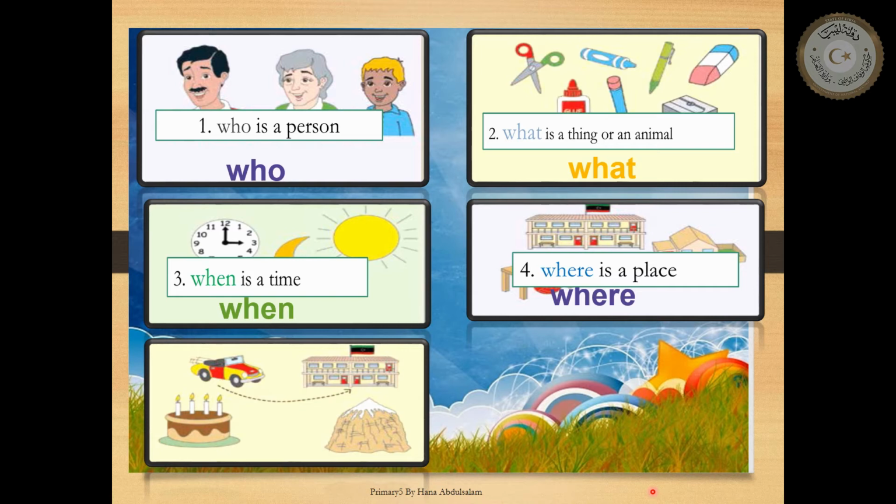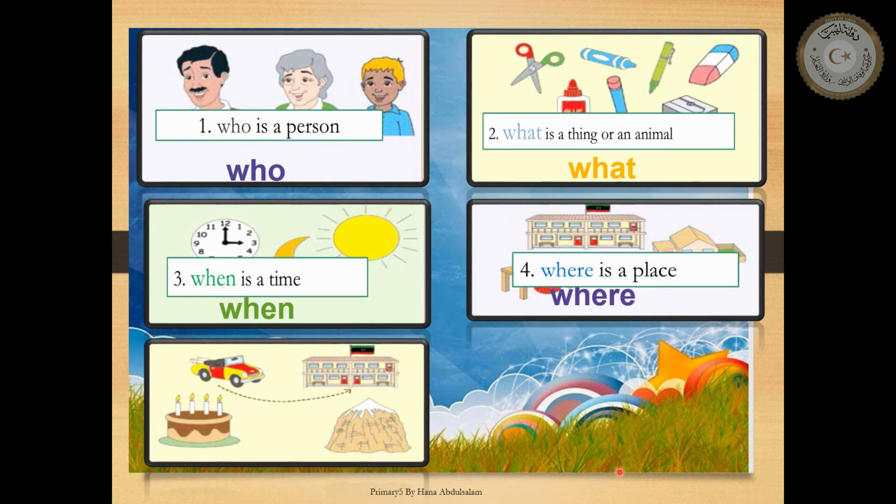Now, picture number 5. We have a birthday cake. How many candles? 1, 2, 3, 4. How old is she? She is 4. The Nafusa mountains. How high are the Nafusa mountains? 968. How many? How old?